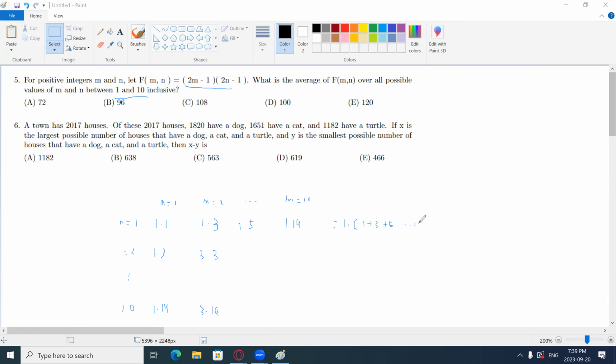On the next row, we can factor out 3 as a common factor, because the 2m minus 1 term is always 3. So again, we factor out 3 and are left with 1 plus 3 plus 5.